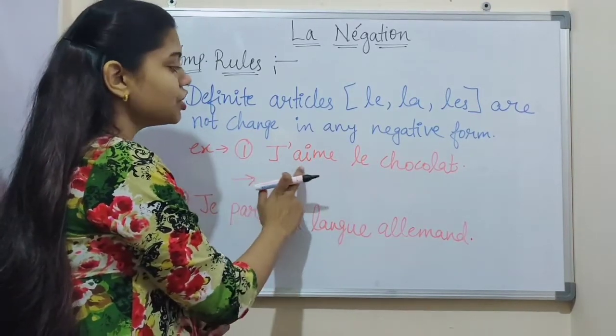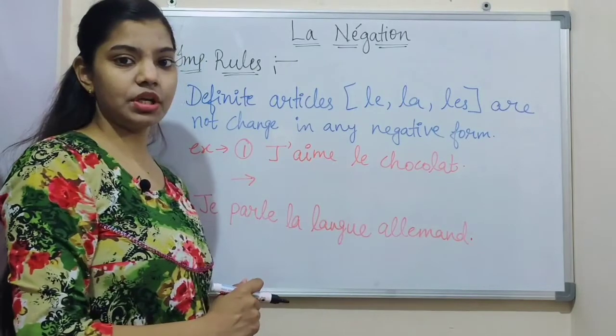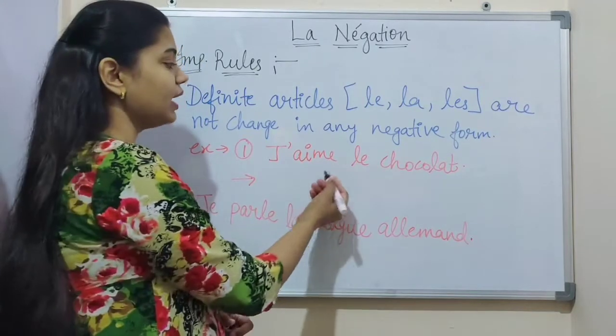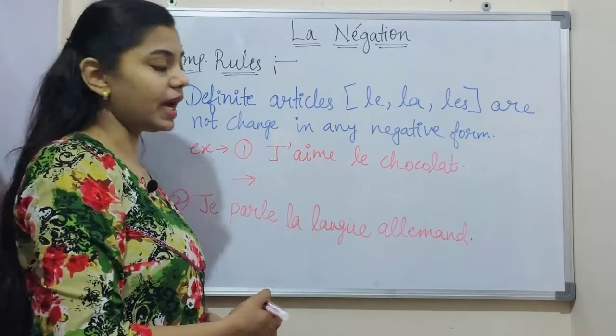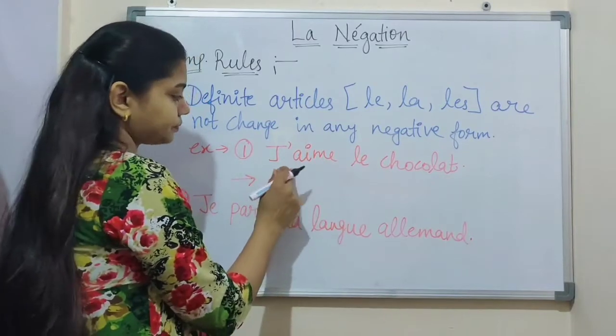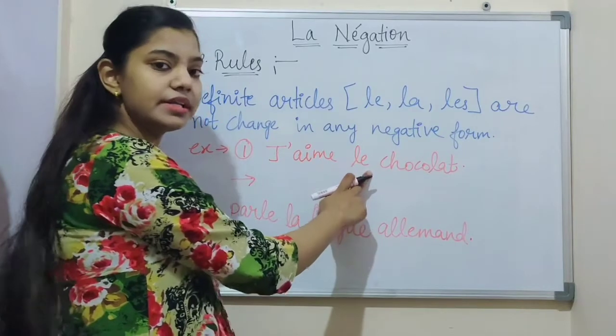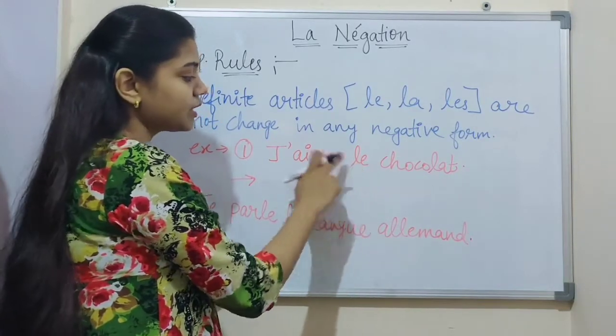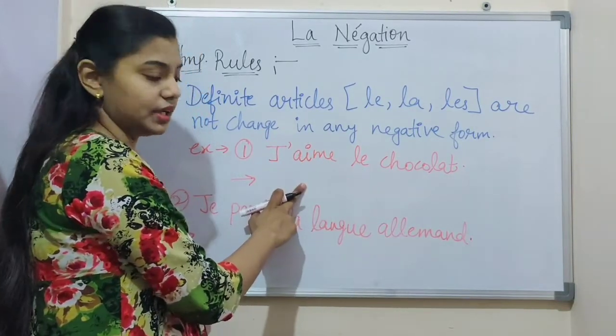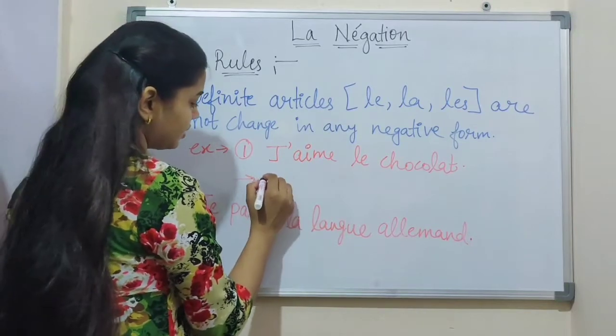Example number 1. J'aime le chocolat. Okay, j'aime le chocolat. That means I like chocolate. So in this sentence we have le. Le is a definite article. So definite articles do not change in a negative sentence. Okay, so now we make it negative.